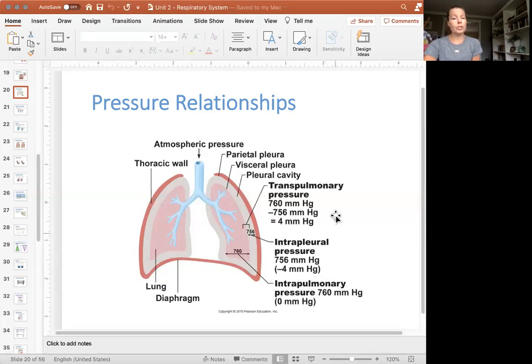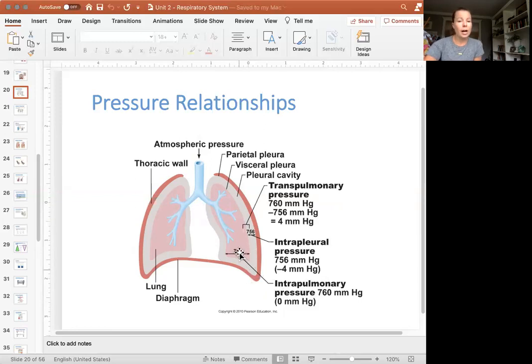The third pressure is called intrapleural pressure. That refers to the pressure within the pleural cavity or pleural space. So this is the pressure that is here. It's outside of the lungs, but it's within the thoracic cavity. And this pressure is always kept at slightly less than intrapulmonary pressure.